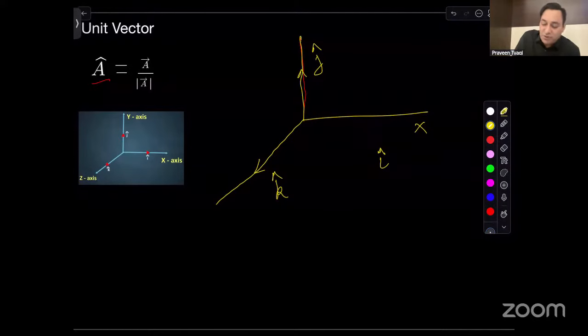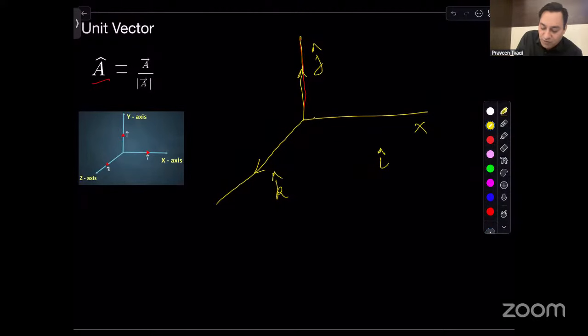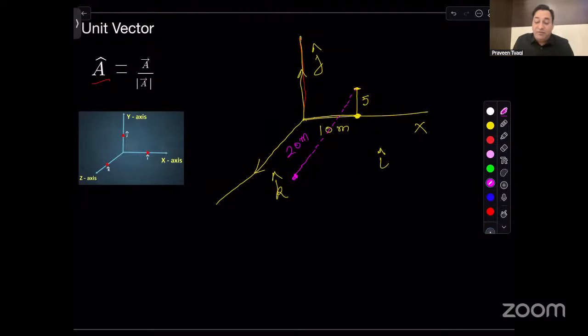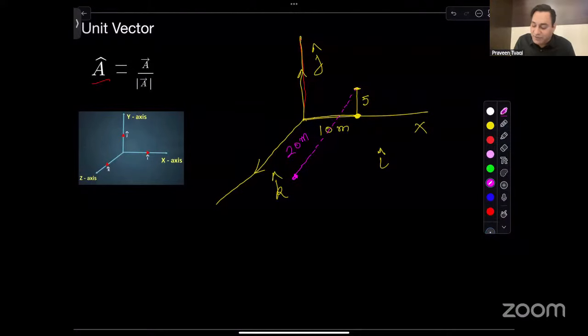Now, suppose I tell you, I move 10 meters along the x-axis, and I move 5 meters along the y-axis, and then I'm moving 20 meters along the z-axis. This becomes very difficult to represent on paper, but I can write this in vector form very easily.